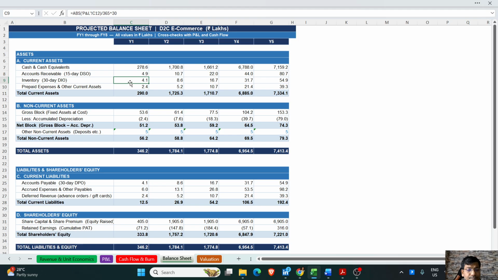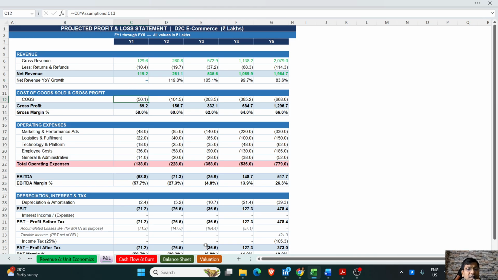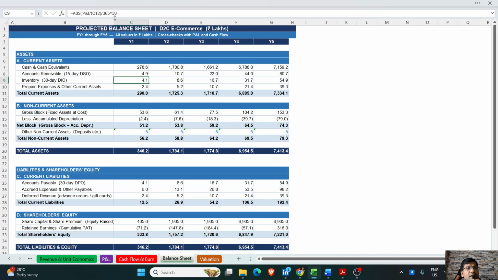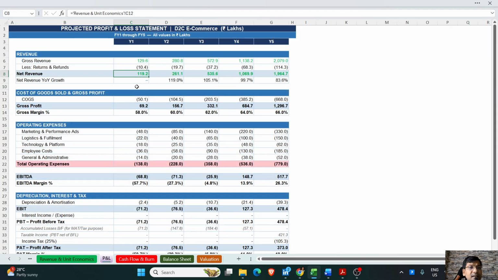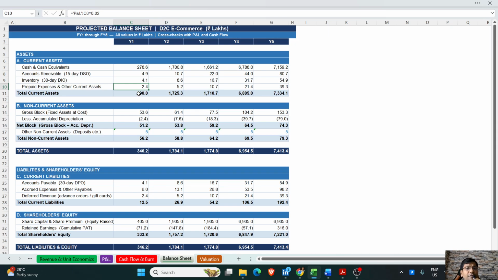So this will be cost of goods sold, 50.1 into 30 divided by 365, and then prepaid expenses is my P&L into 2%. So therefore my total expenses are this. Total current assets will be accounts receivable, inventory and prepaid expenses. Now cash will come as a balancing figure from the cash flow statement. So here we are able to build the three items: accounts receivable, inventory and prepaid expenses. So for each of the years, with the same formula, we will be able to build this logic.